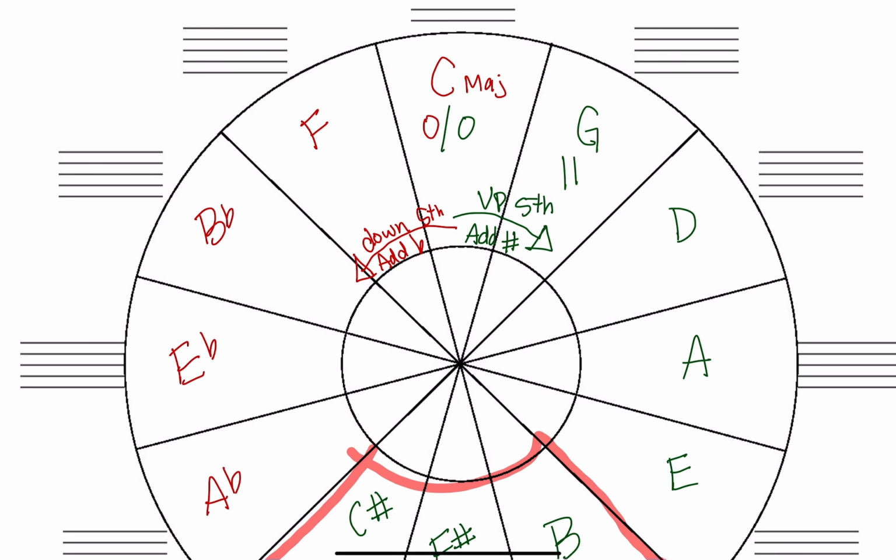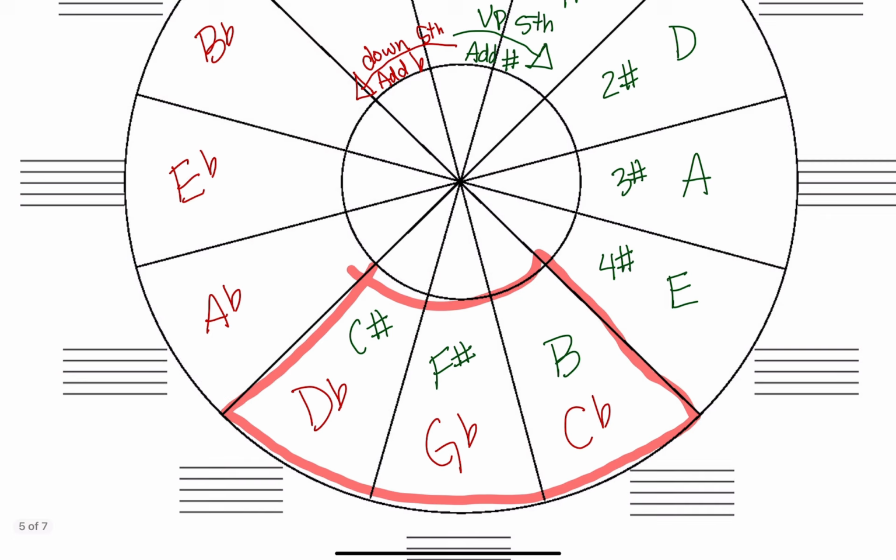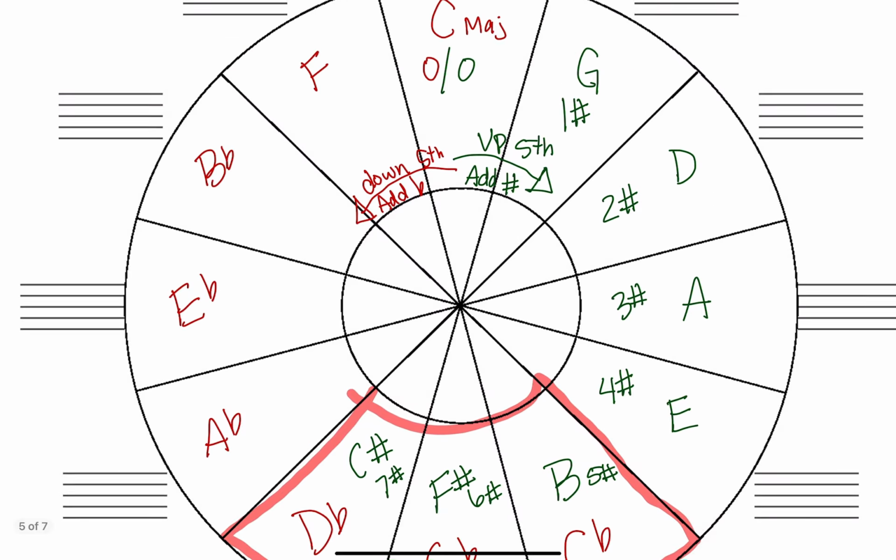G will have 1 sharp. D will have 2 sharps. A will have 3 sharps. E will have 4 sharps. B will have 5 sharps. F sharp will have 6 sharps. And C sharp will have 7 sharps. All the sharps.